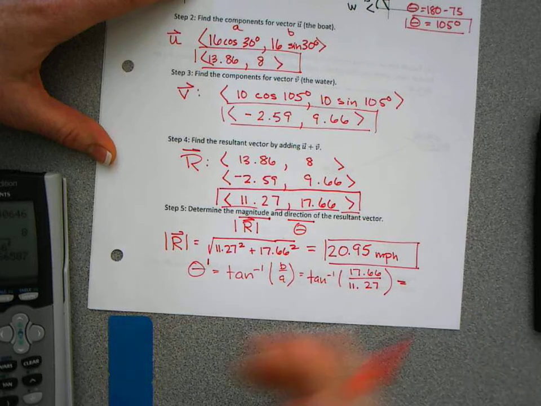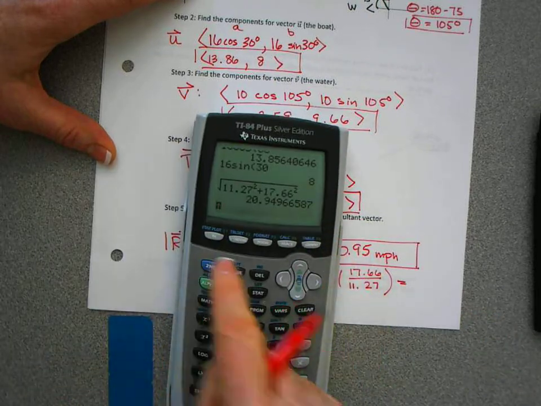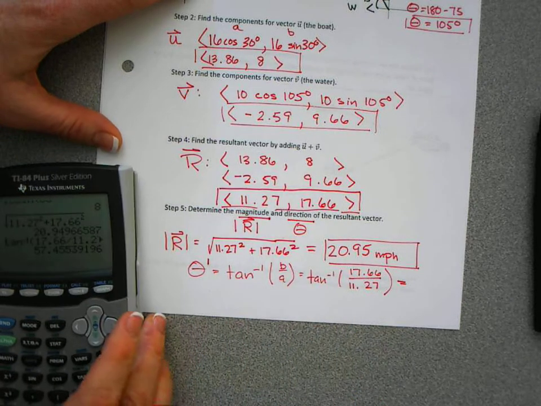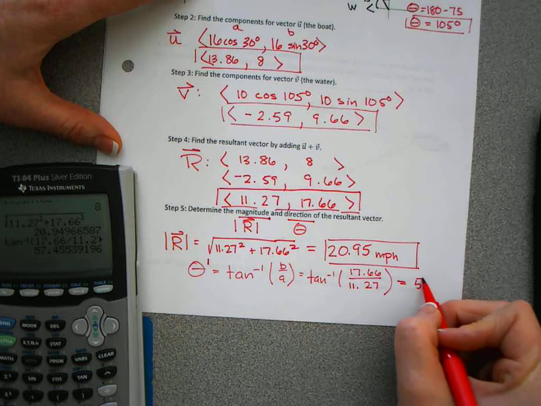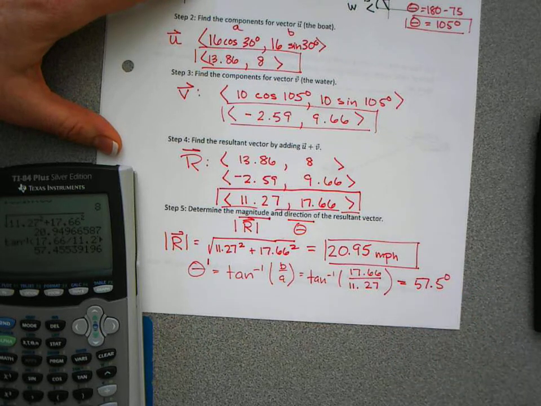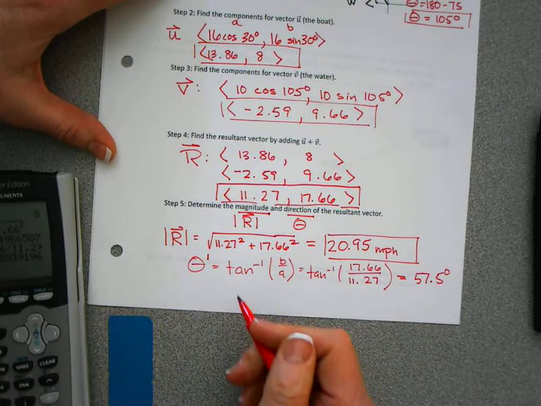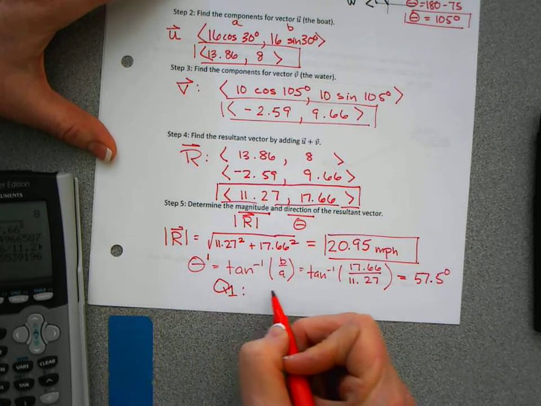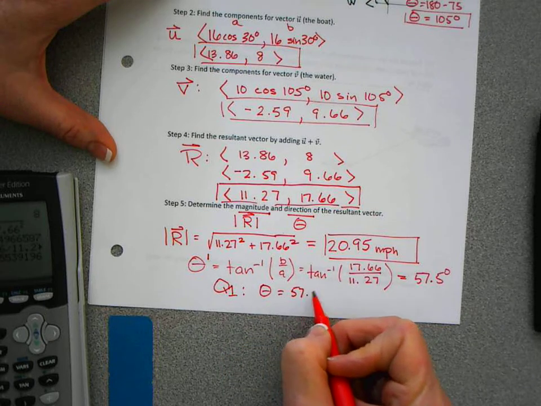So the inverse tangent of 17.66, the y value, divided by 11.27 gives me 57.5 degrees. That's theta prime. Now we apply the quadrant rules. We're in quadrant 1, so theta equals 57.5 degrees.